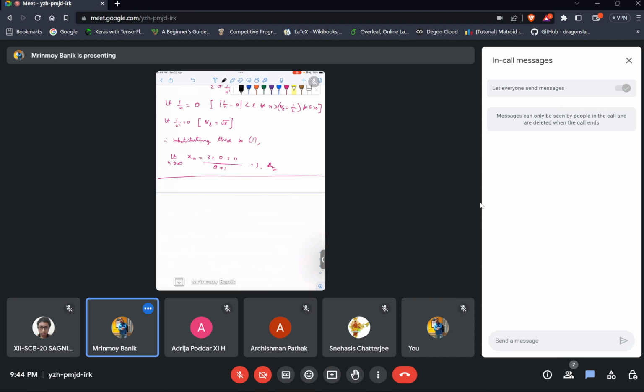Okay, this one. Find the limit of cube root of n squared minus n cube plus n.